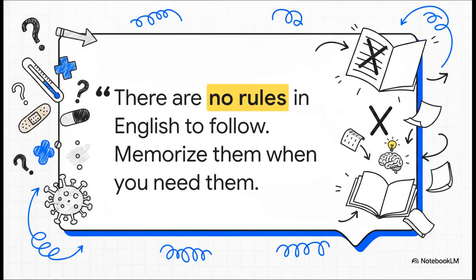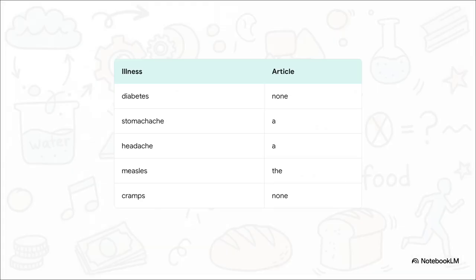Now, when it comes to illnesses, the crucial point is exactly what we see right here. Sometimes there are absolutely no rules in English to follow. For medical conditions, there just isn't a neat, logical system. As frustrating as that is, the best strategy is honestly to just memorize them as you need them. Seriously, just look at the absolute chaos of English illnesses on this table. The variety is wild.